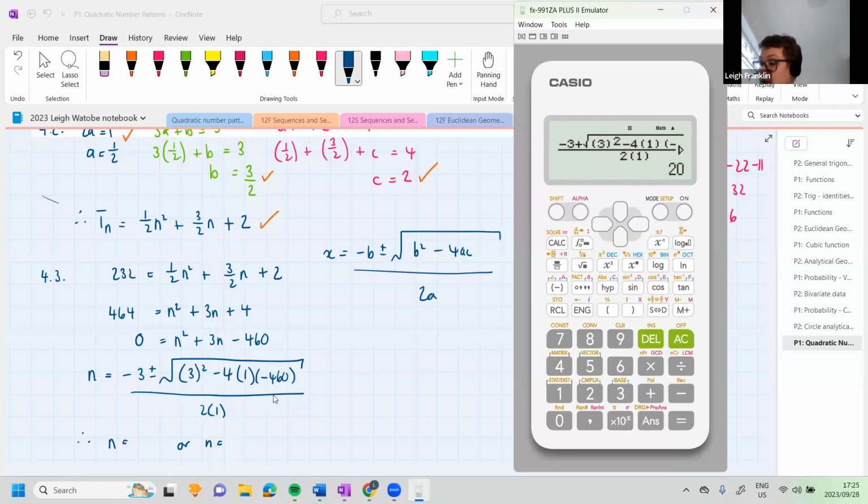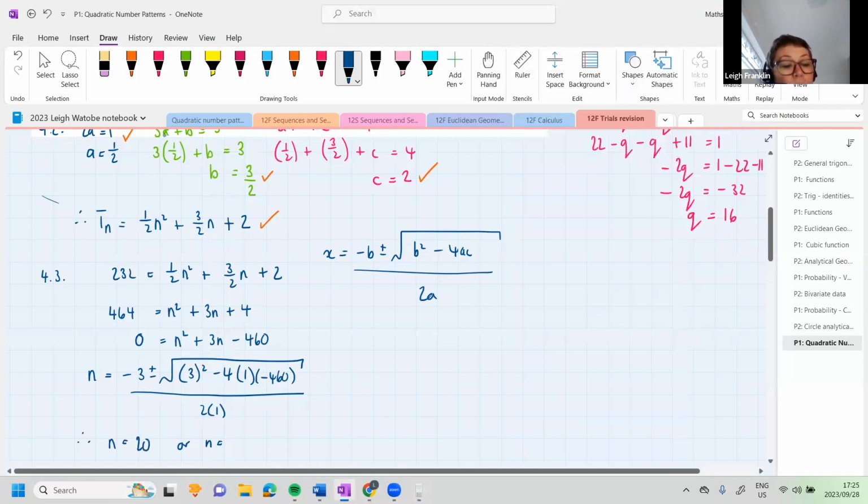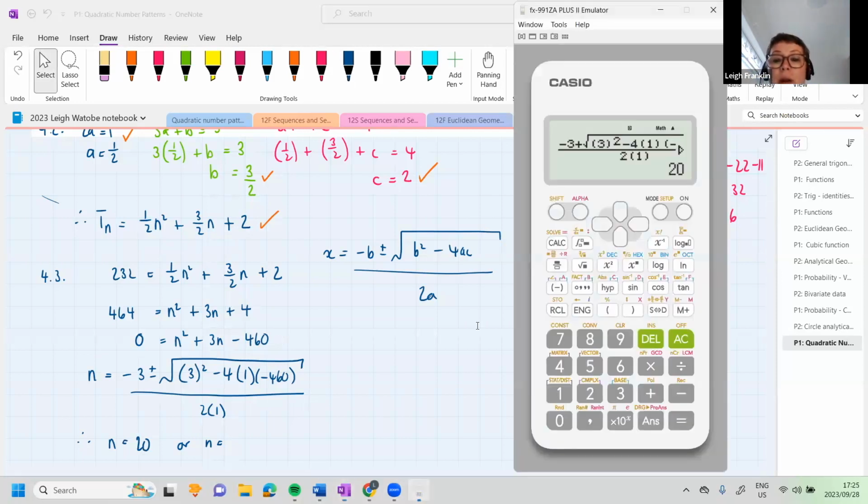So there we go, there's our answer that gives us 20, so we can put our 20 over there. Then the easiest thing for us to do on our calculators is to navigate back. So now I want to go all the way back, and then I'm going to change that plus to be a minus. And there we get our negative 23.